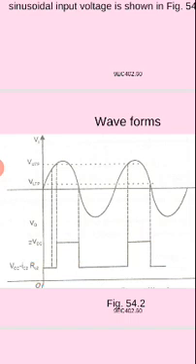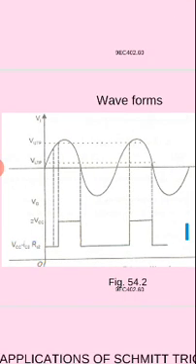On the input voltage axis, voltage UTP and voltage LTP are mentioned. UTP, upper trigger potential, or upper trigger point.